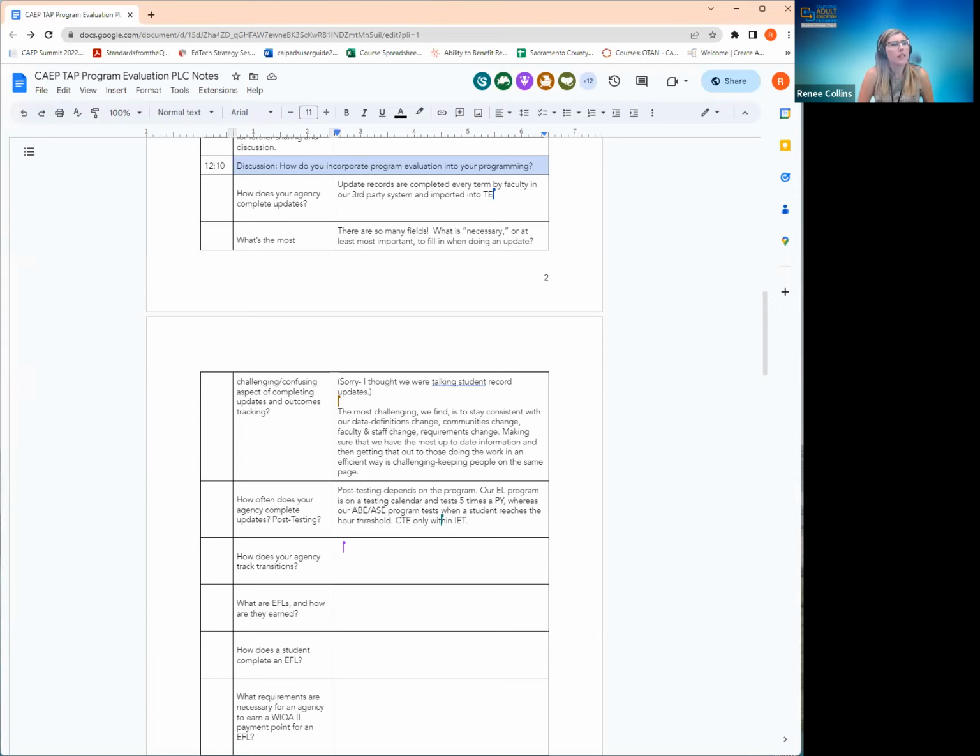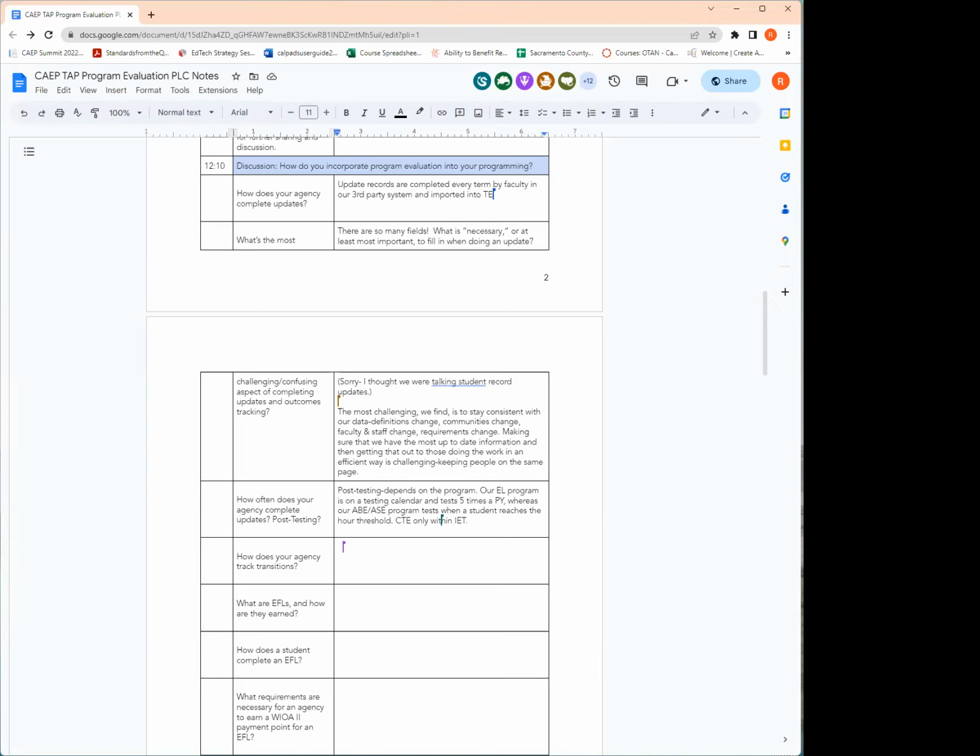So one person said that they're completed every term by faculty in our third-party system and imported into TE. So maybe the person that wrote this, are you able to come off mute and talk about what that third-party system is, and how was it determined to have faculty as opposed to maybe data and accountability staff? Sure, I'll come off mute.